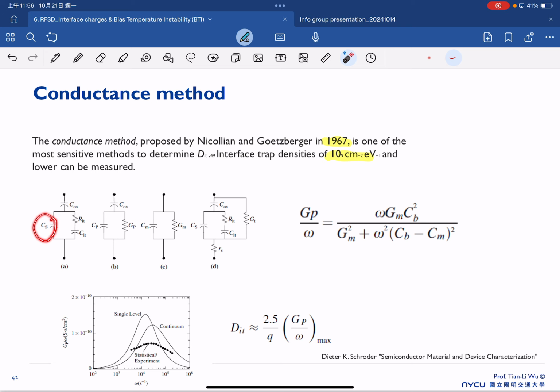But now if we have interface states, then the interface states will also contribute this part, which is the interface state resistance and interface state capacitance here. To simplify this issue, we use another quantity that we call the parallel conductance, GP, to model this.